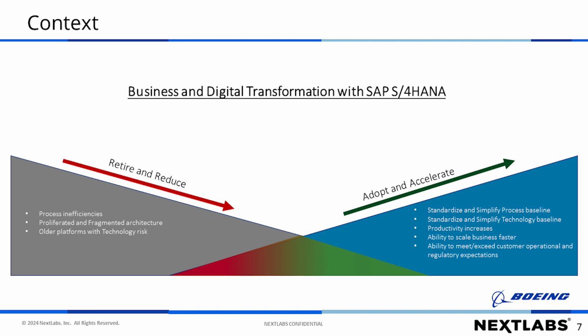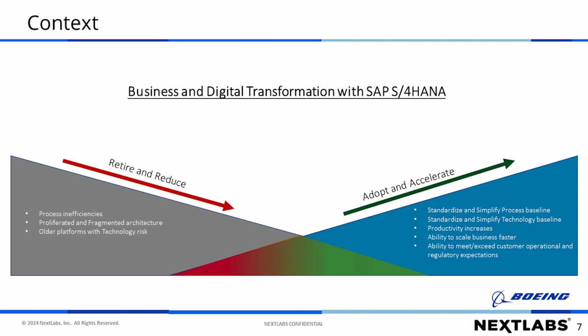So, some core concepts of how we are running our business and digital transformation, as I was providing the context leading up to this conversation. Today, Boeing as a company is pretty proliferated and fragmented in terms of how our systems landscape has evolved. It's a blend of legacy solutions that are relatively old and ready to retire.